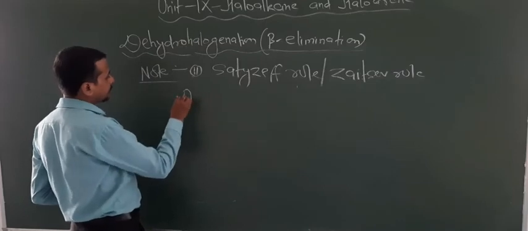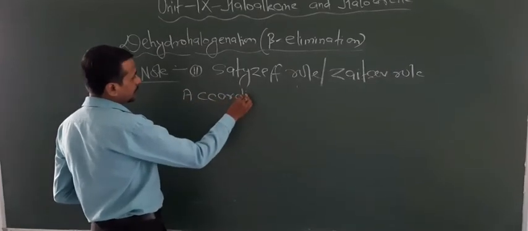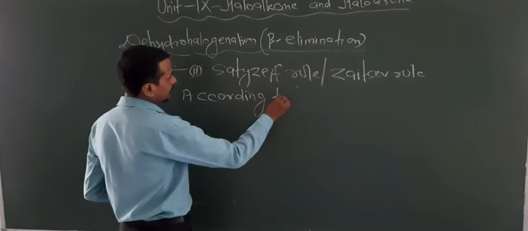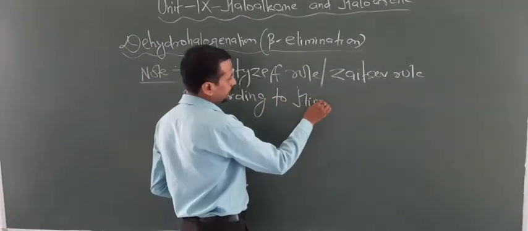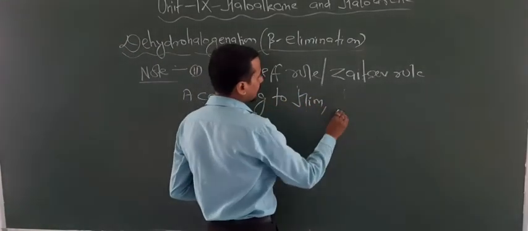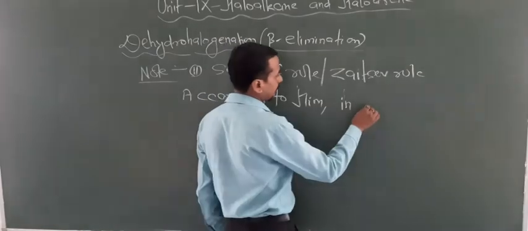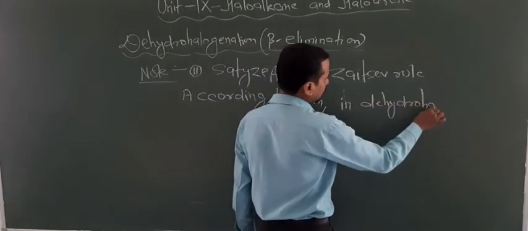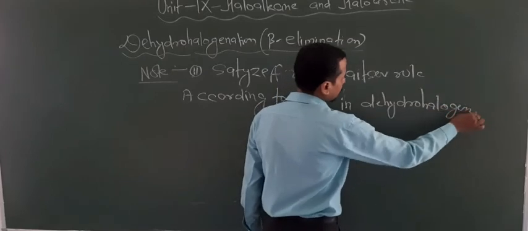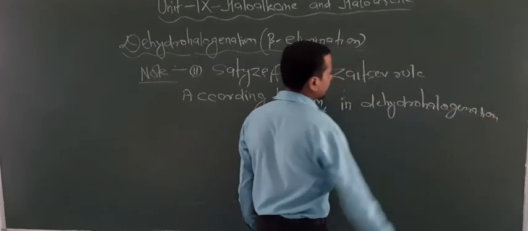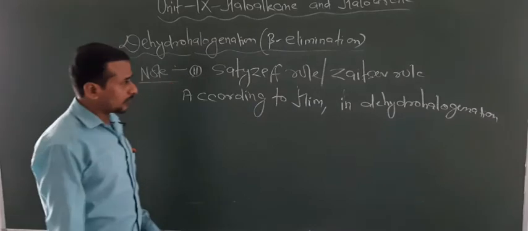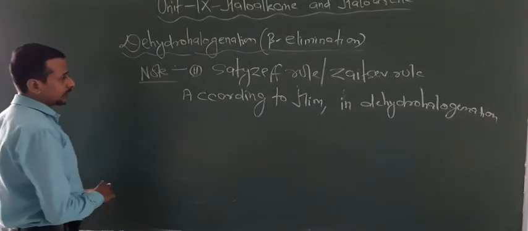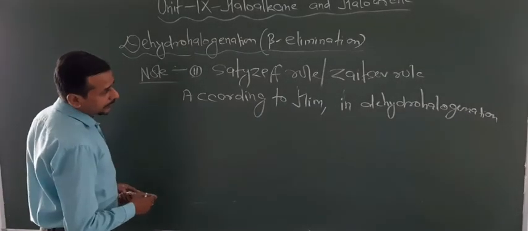According to him, in case of dehydrohalogenation, here de means removal, hydro means hydrogen, halogen means halogen, that means Cl, Br, I.